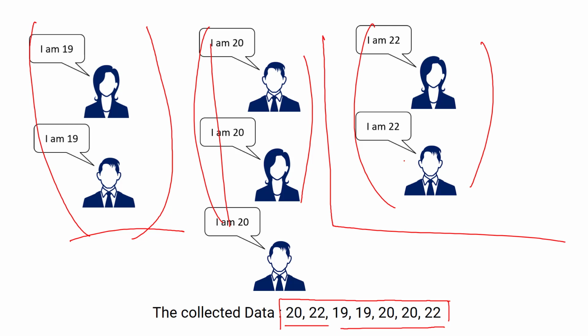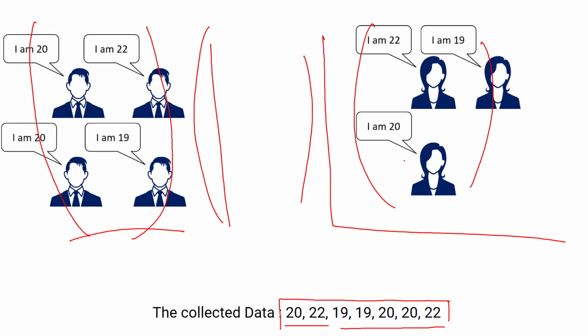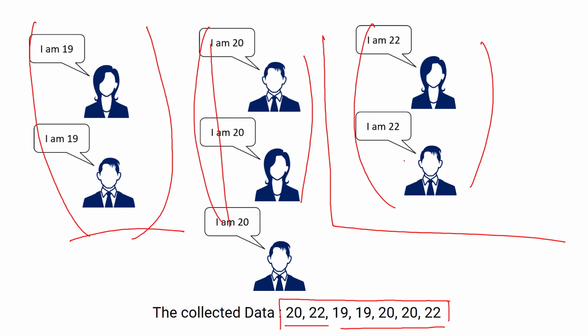So this data can be classified either gender wise or age wise. So this is called classification. Classification means you will group items that have a common character. In this case, the common character is 19 years old, right? Common character is 20 years old.